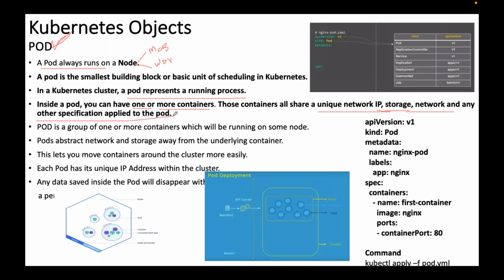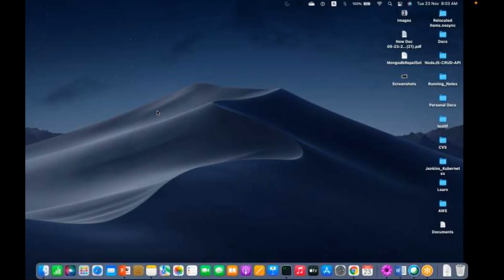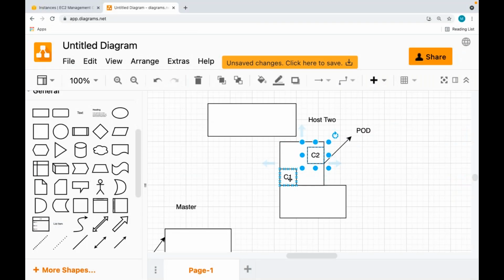So the storage space and network space are common for these containers running in one pod.